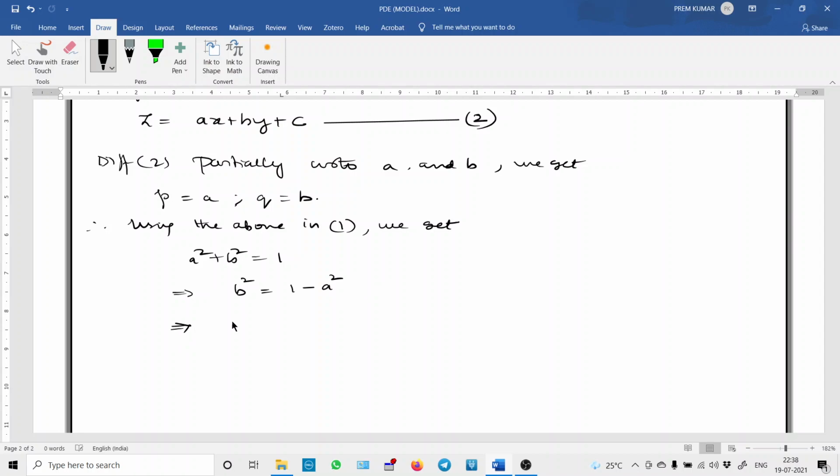Which implies b equals plus or minus the square root of 1 minus a square.